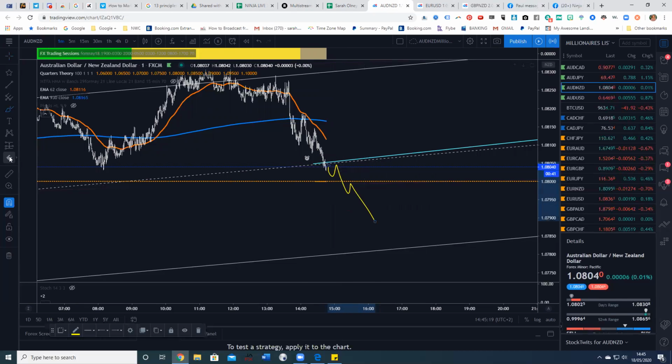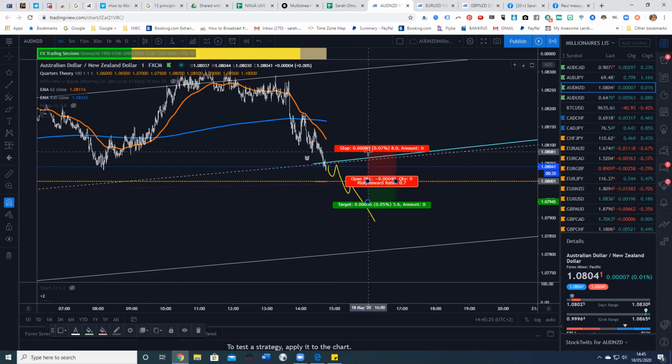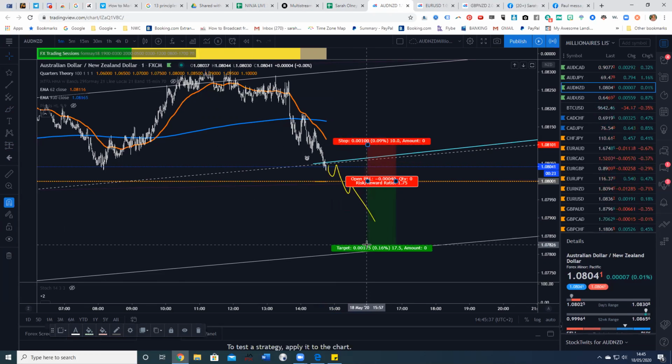And then I would have a look at what my stop loss would have to be. So that's okay, that would cover you on both pitchfork and quarter theory. And then you've got your approximately 20 pips down to that pitchfork down there with a 10 pip stop loss.